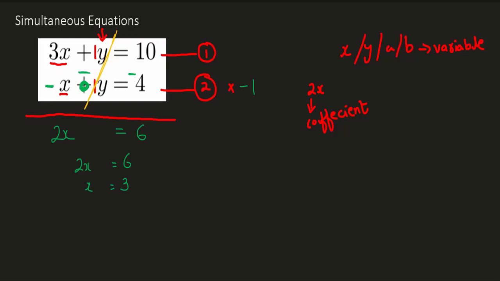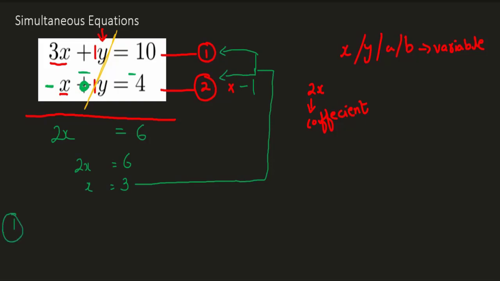Now if I have to find the value of y, what you can do is take this value 3 and put it in any equation you want to. You can either put this value in equation 1, or you can put this value in equation 2. Let's put it in equation 1.